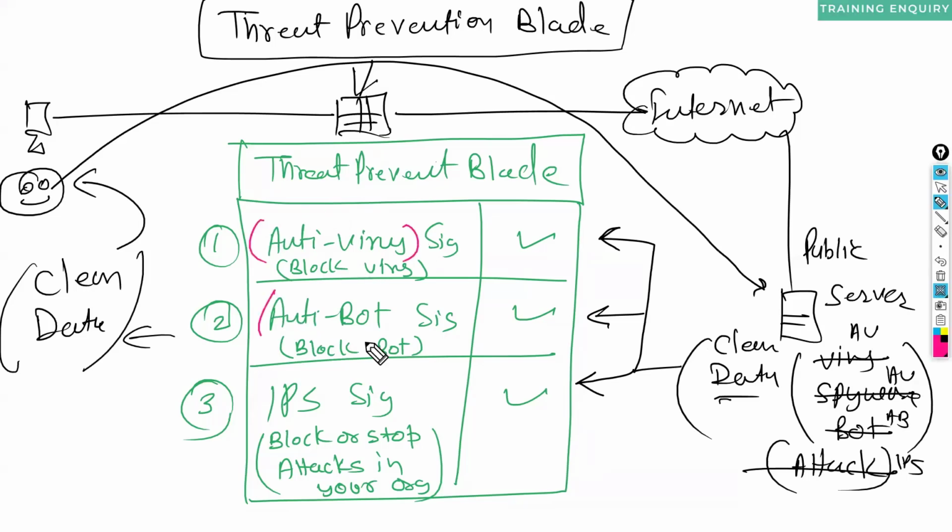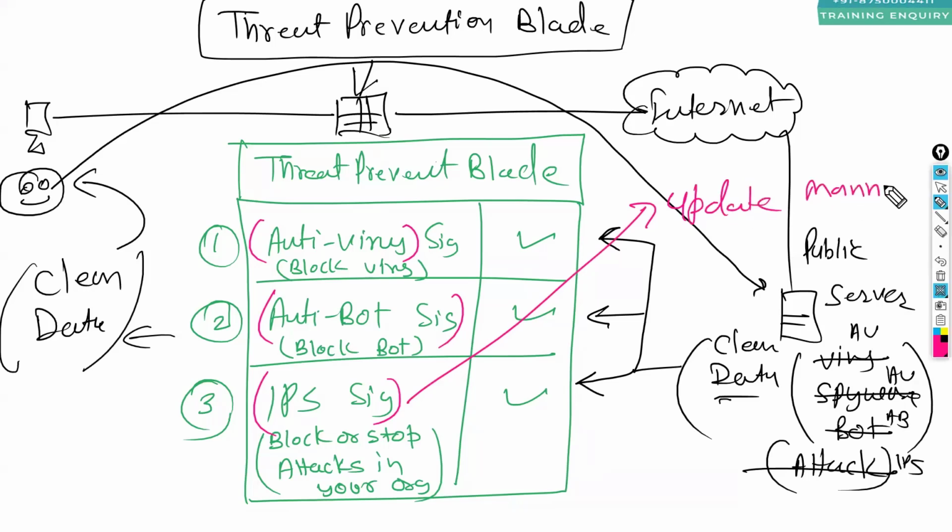So antivirus, anti-bot, and IPS signatures, you can update manually, or you can schedule them. On SmartConsole you will get the opportunity to update them manually or schedule them, for example after 1 hour or 2 hours, so that they are updated automatically.